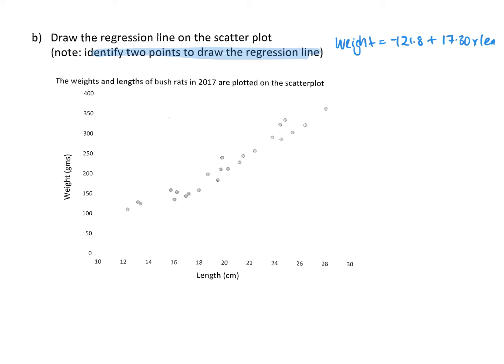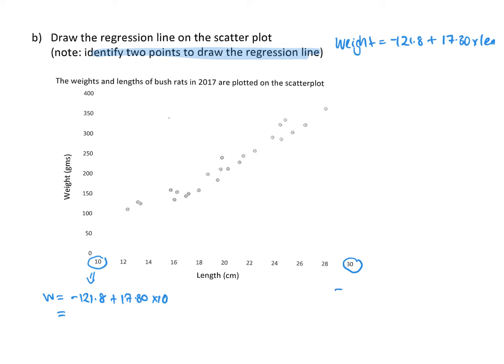So what you want to do every time is take the smallest x value and the largest x value down there and put them into that formula. So I'm going to work out what the weight is when the length is that. So I'll do negative 121.8 plus 17.30 times 10, and I'll get an answer.